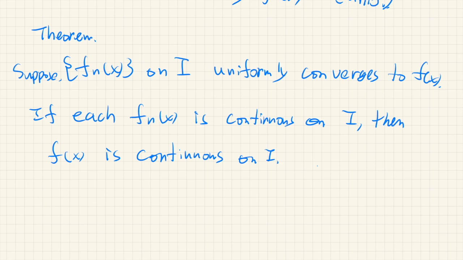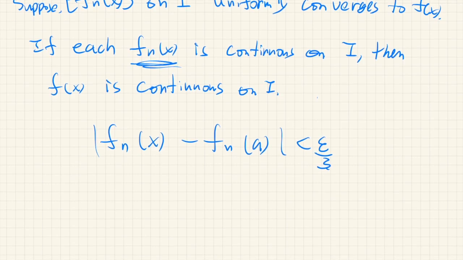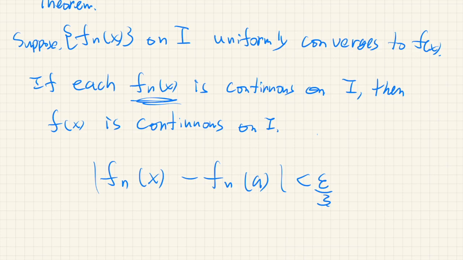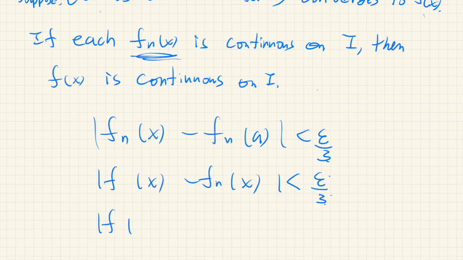But basically the idea is that if each fn is continuous, then we can make fn of x minus fn of a small, and since fn converges uniformly to f of x, we can make f of x minus fn of x less than some arbitrarily small number, epsilon over 3, and same for any point a in the interval.